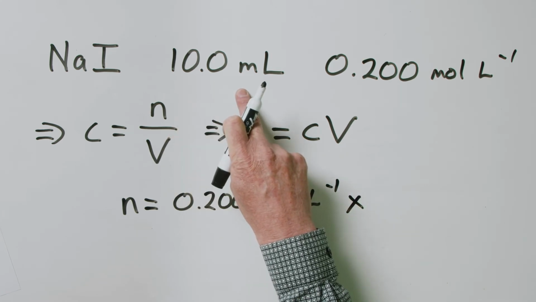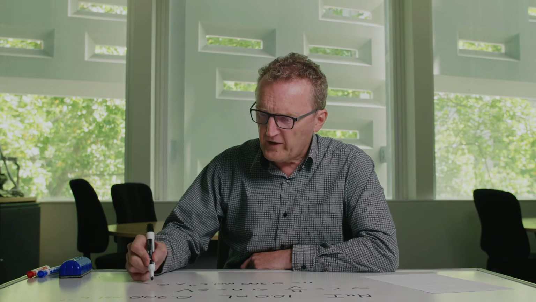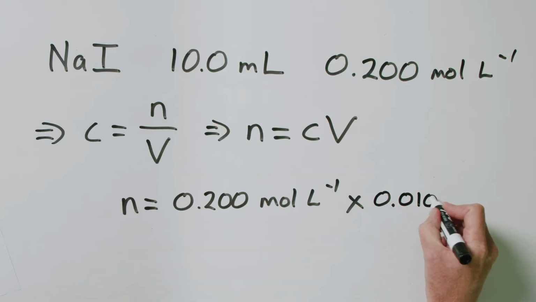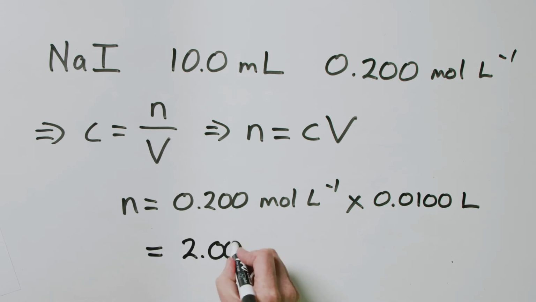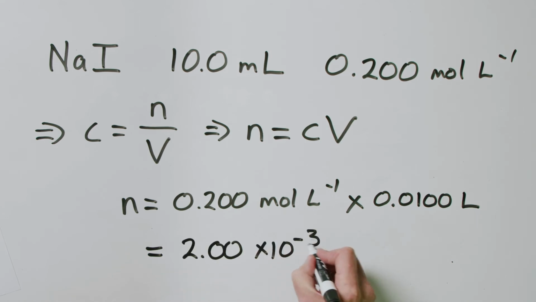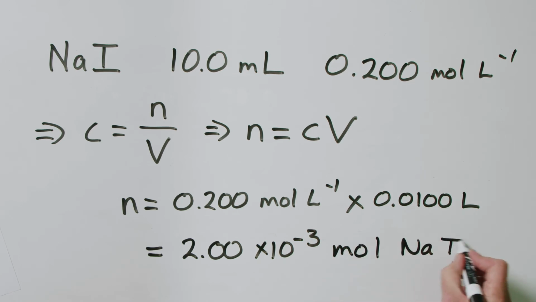This again is in mL, we want it in litres, remember, 0.0100 litres, and that is equal to 2.00 times 10 to the minus 3 mole of NaI in that 10 mL.